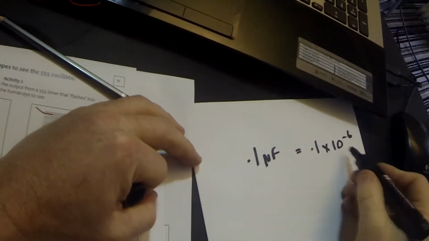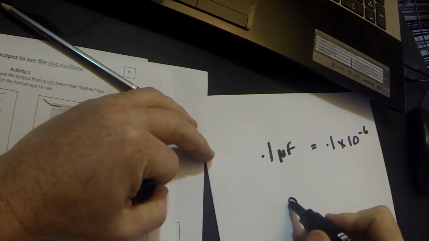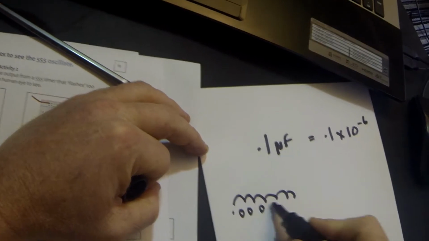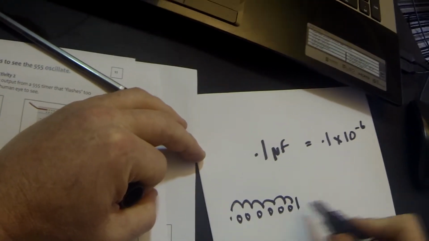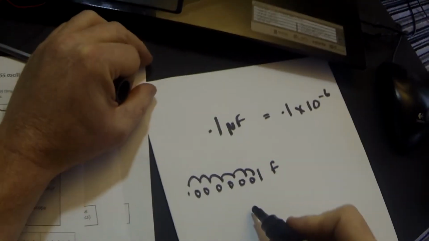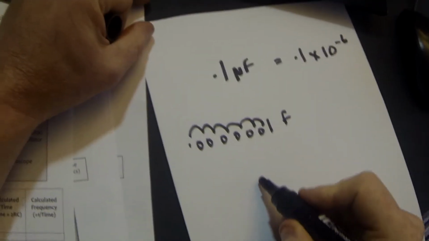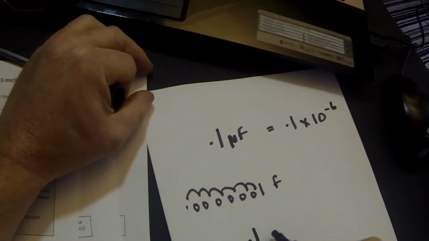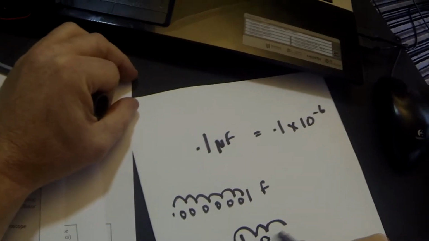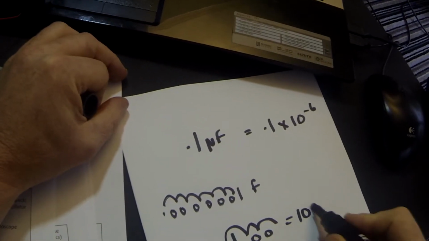If we move that decimal place back 6 places, 4, 5, 6, we get 0.0000001 of a farad, which is a very small amount. But likewise, 0.1, which is a fraction of a number, if we move the decimal place forward 3 places, we end up with 100.